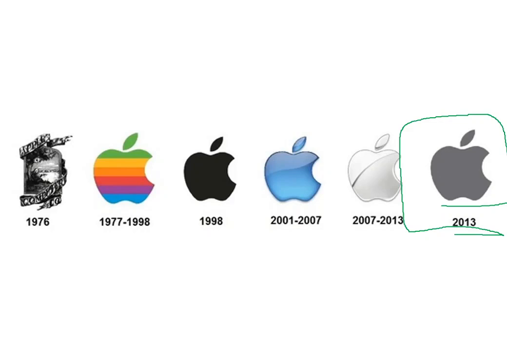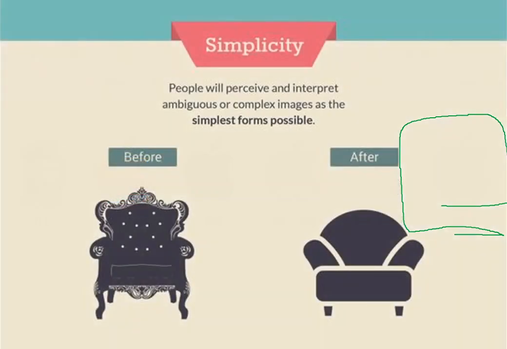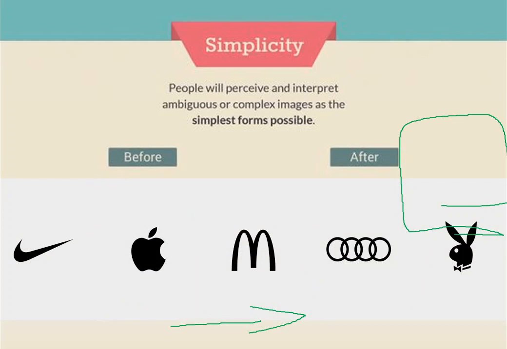Same with an apple and this armchair. Also, from a designer's view, you can simplify any complex objects into the simplest form possible. Yes, simplicity is mostly used in logos because it is simple in size and color. Also, it's flexible to use.